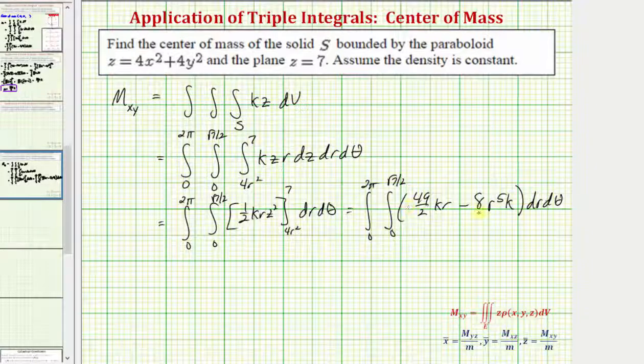And now we integrate this back to r, treating k as a constant. So 49/2 times k times r squared divided by 2, which is 49/4 kr squared, minus 8k times r to the sixth divided by 6, which should be 8/6 kr to the sixth, or 4/3 kr to the sixth.